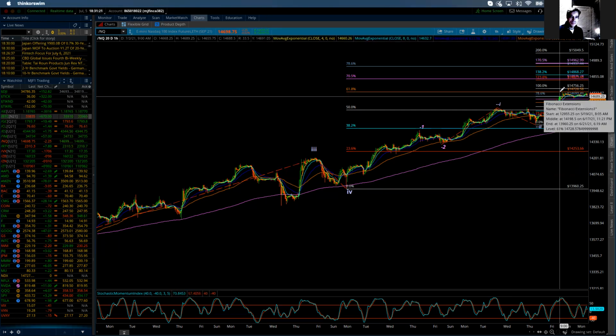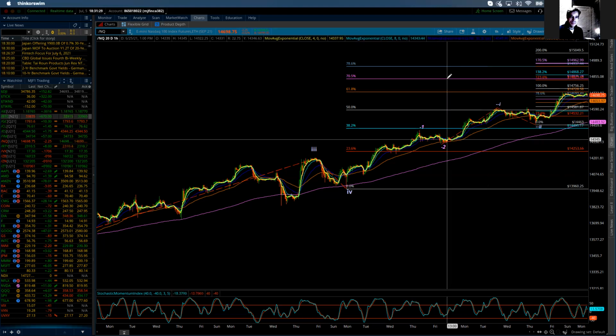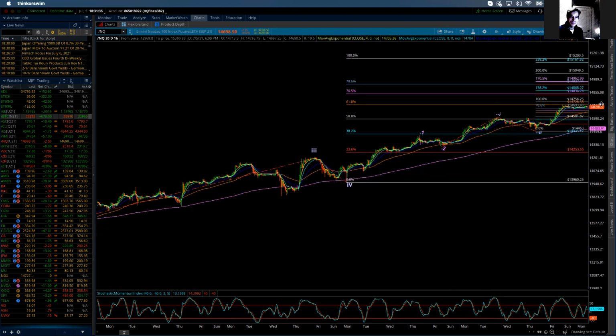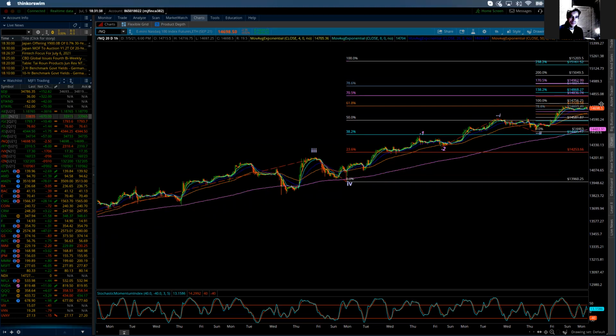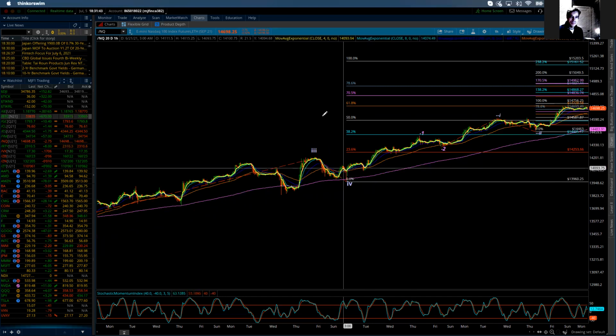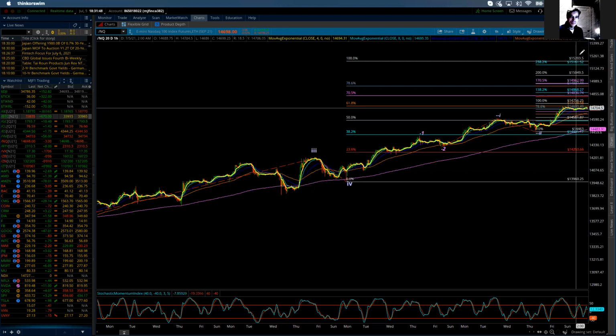It's contained it thus far, but I don't think that is the case. I think there is still additional upside to go, and that we're looking at 14,835, 14,937. But I do believe that we do have a potential, because wave minute 5 would be equal to wave minute 3 at 15,203.